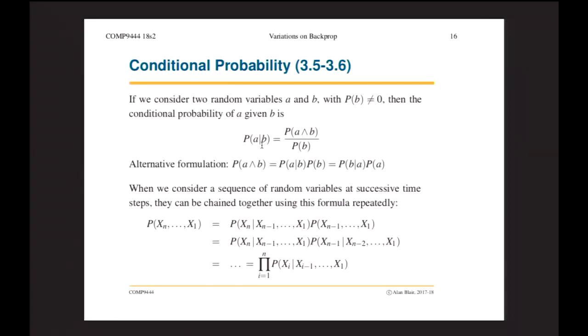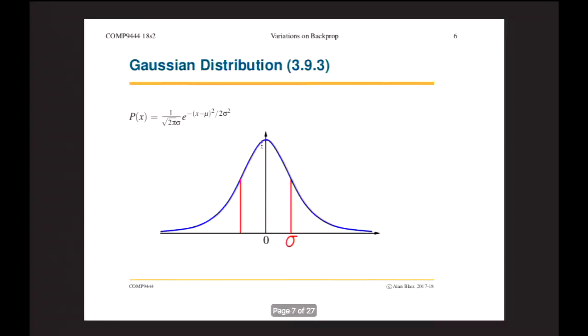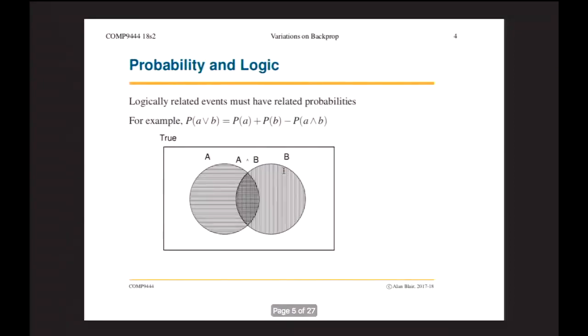Sorry to jump around, but I'll go back to that Venn diagram. The probability of A given B is, the way we think of it, well, we know that B is true, so we're restricted to this area here, and then within that, what's the probability of A?